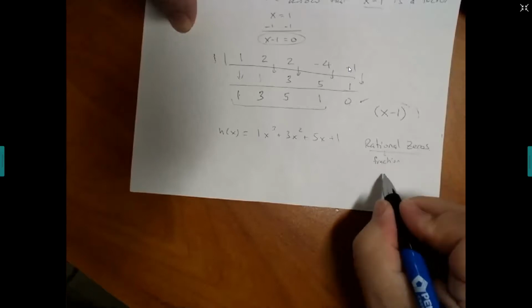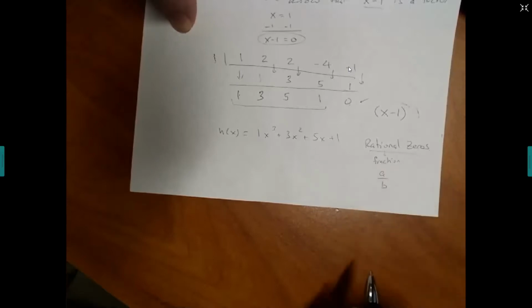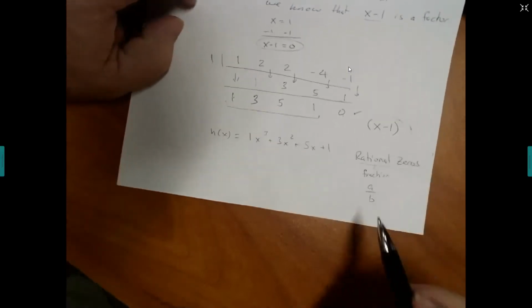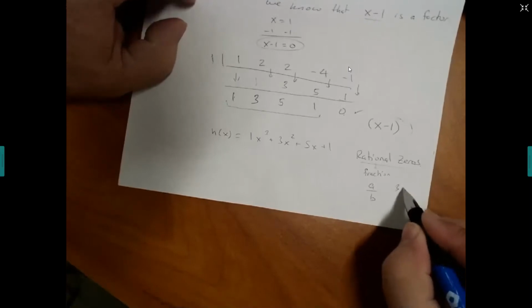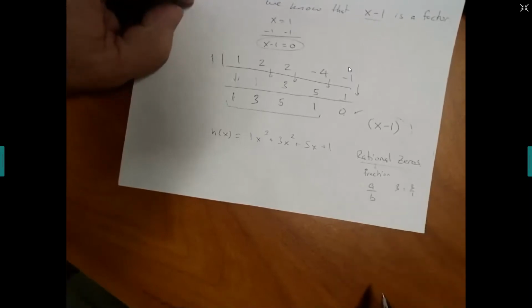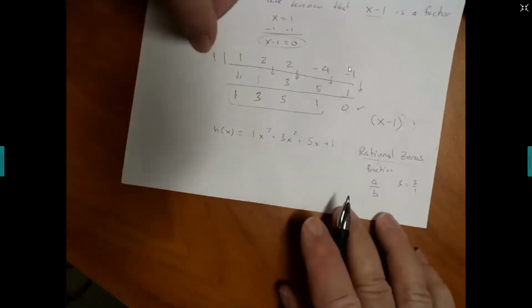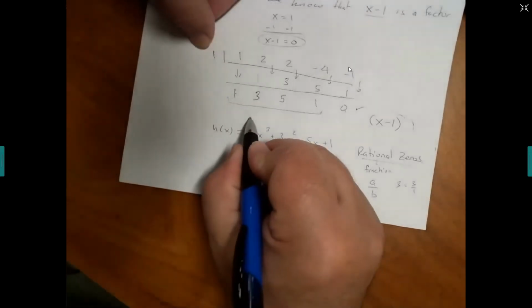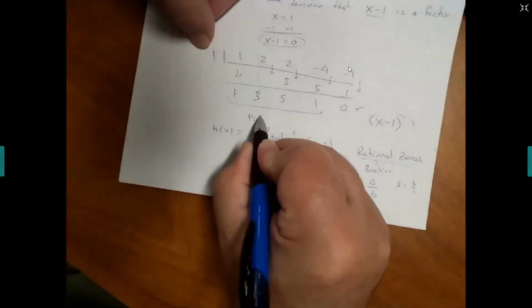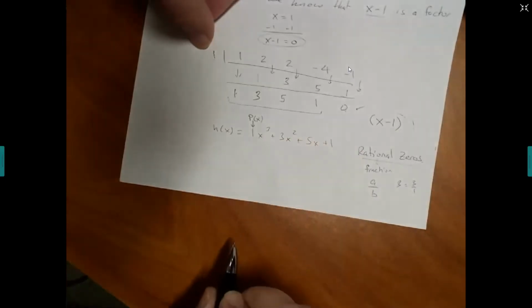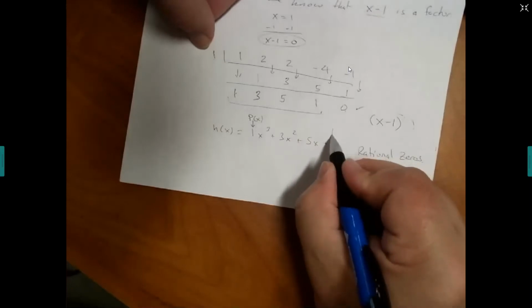It's a fraction, yeah. Every number is rational. 3 is 3 over 1. The leading coefficient we'll call P, and the constant we'll call Q.